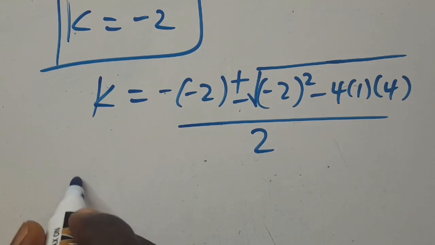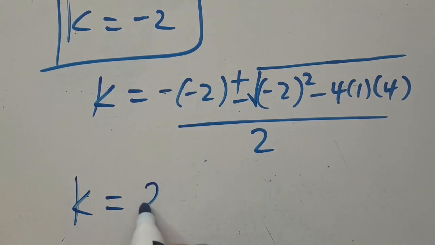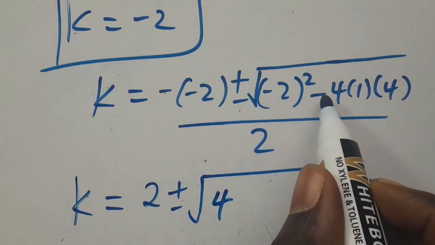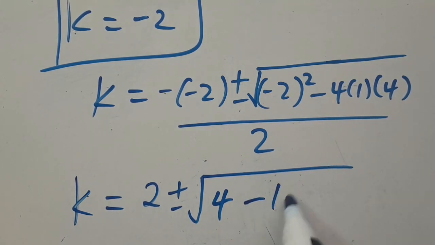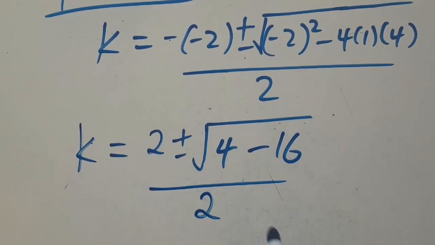Then from here we have k equals minus times minus 2, which will be 2, positive or negative, the root of 4 minus 4 multiplied by 1 multiplied by 4, which will be minus 16, then all divided by 2.